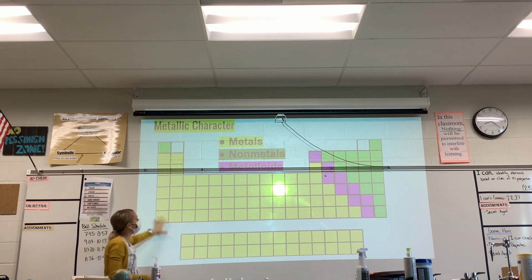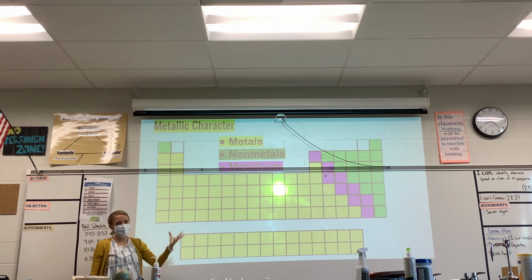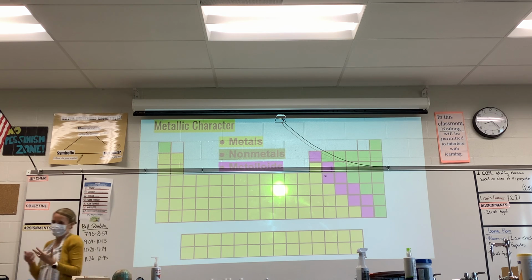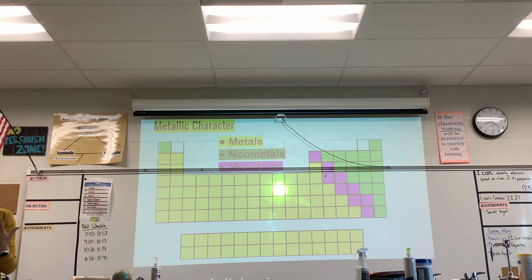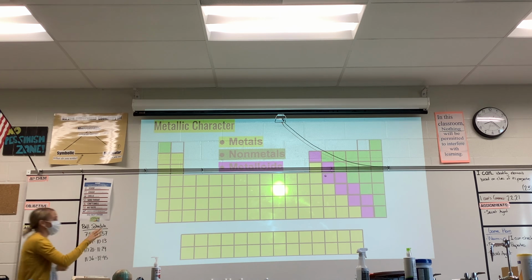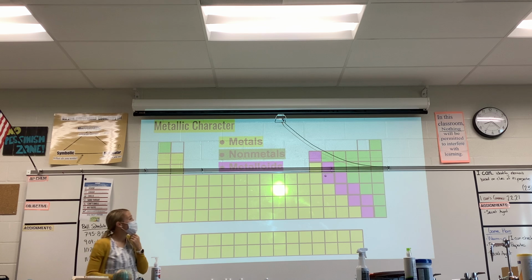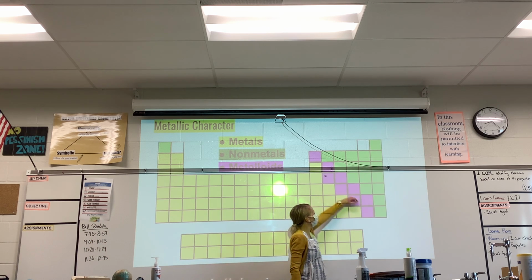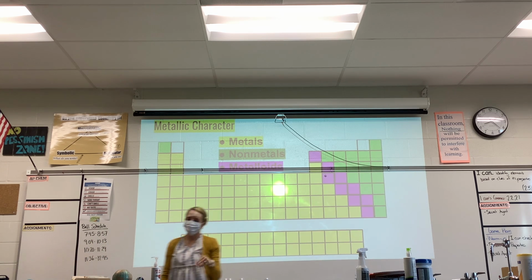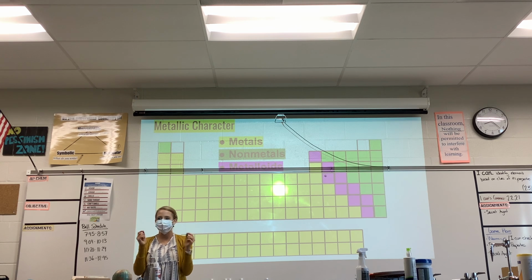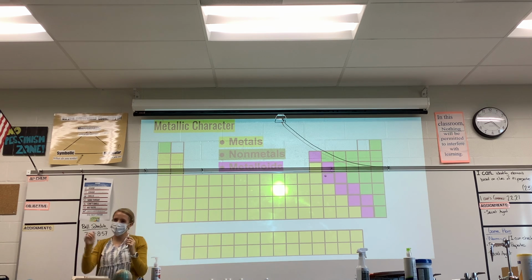All the elements in yellow up here are classified as metals. And yes, metals are what you would expect them to look like. They're shiny, they're solid. Some of them are hard, some are soft, but you're kind of familiar with what metals look like. All of the green ones are non-metals. And then these purple ones are classified as a substance known as a metalloid. Metalloids have properties of both. So they're kind of metallic and they're kind of not metallic.